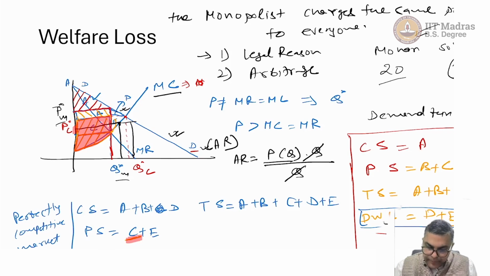Because to sell to him, the monopolist will have to decrease price for everyone, and that decrease is not profitable for the monopolist. Therefore the monopolist would deliberately forego selling to those people whose demand is in this particular zone. So it deliberately restricts itself, and that's why we have a welfare loss in such a system.